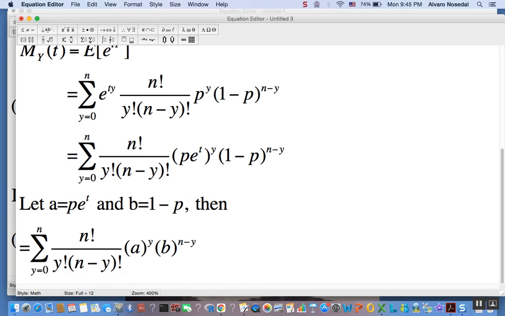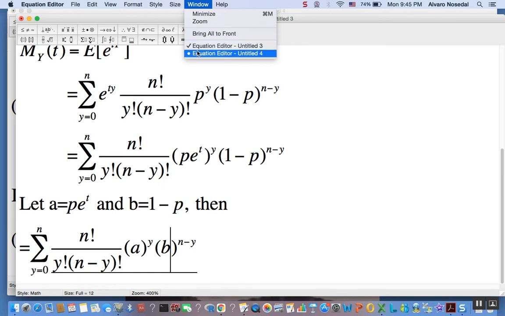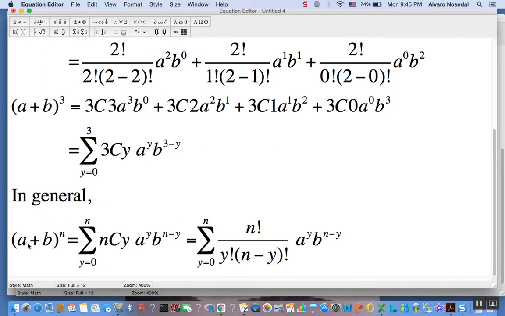But remember that result that we mentioned at the beginning? The sum of y going from 0 up to n of n choose y, a to the y times b to the n minus y power. That happens to be just a plus b to the power of n by the binomial theorem.